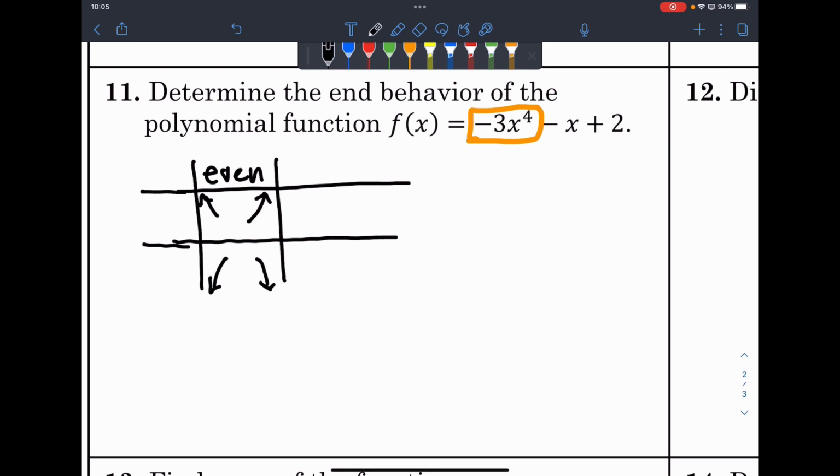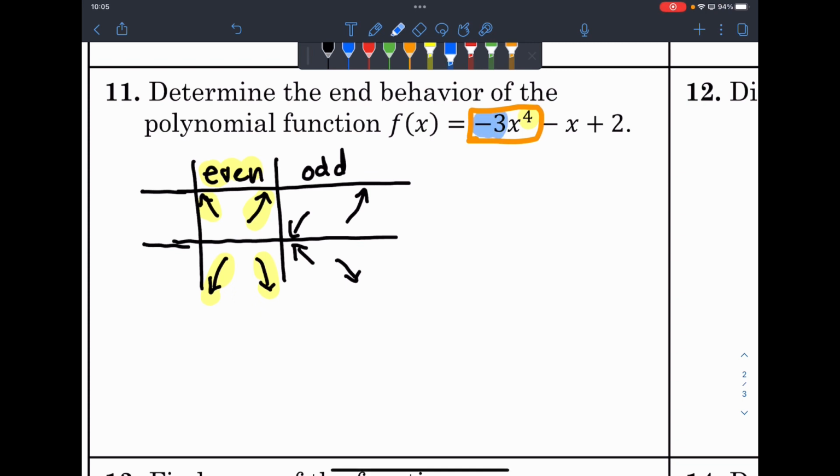If it's an odd function, well, one end opens downwards and the other end opens up, or it's reversed. The left end opens upwards and the right end opens down. But in this situation, because it's an even number, then obviously it's going to be one of these two choices right there. Now, to determine if it's opening up or down, we use, again, that leading coefficient.